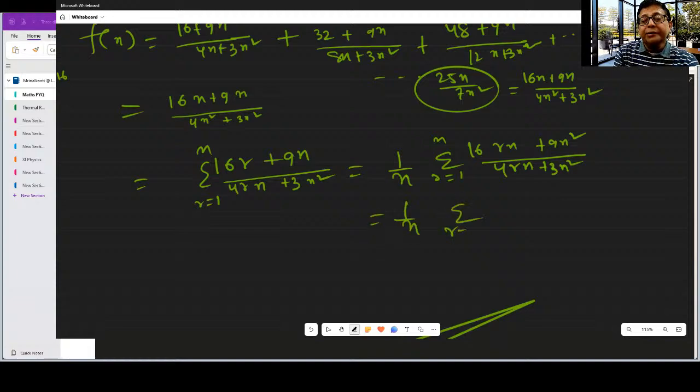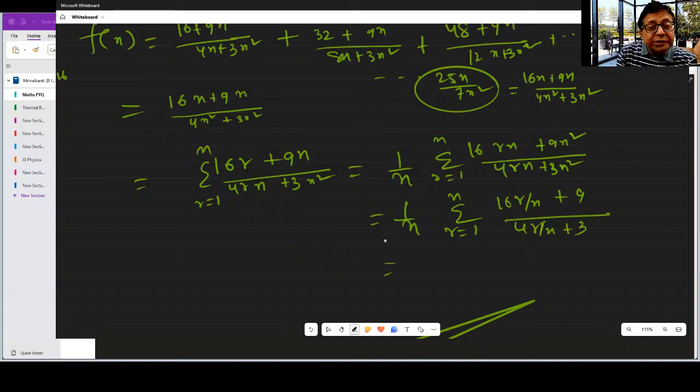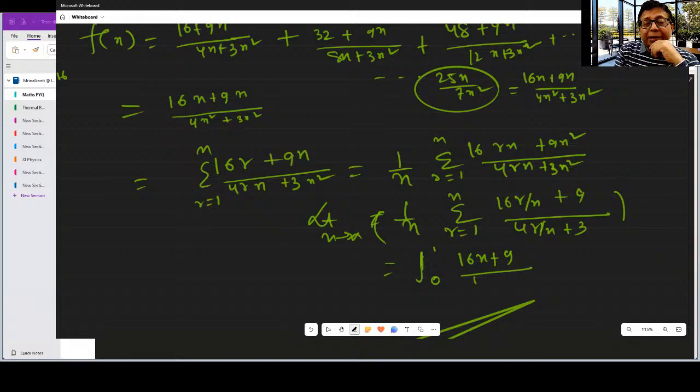So 1 by n, 16 r by n plus 9. This will be what? When you write this whole thing, this will be what? 0 to 1, 16x plus 9, that divided by 4x plus 3.